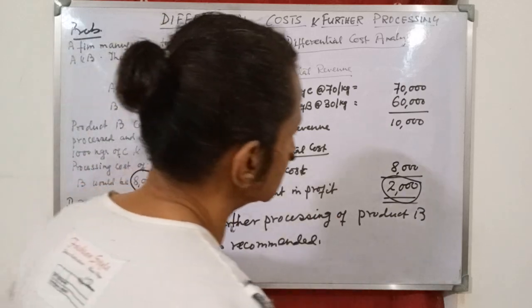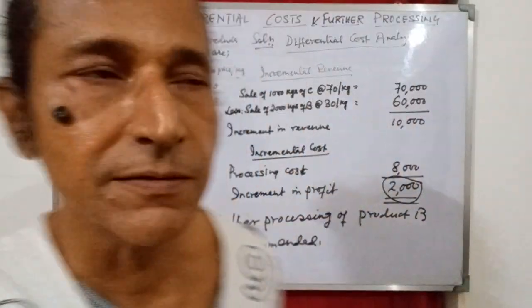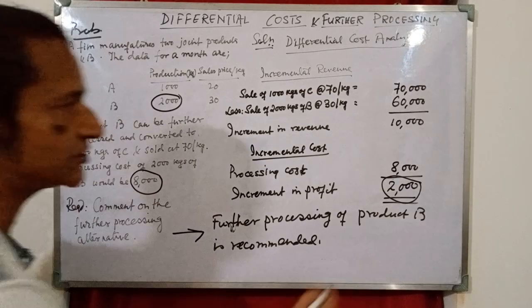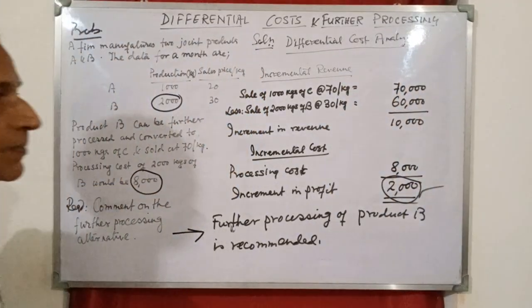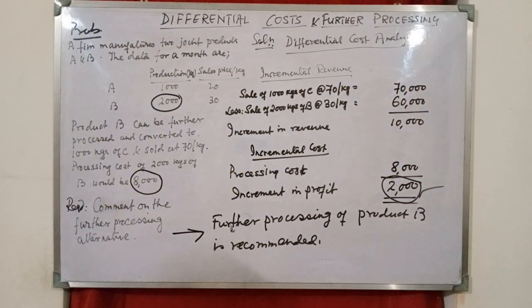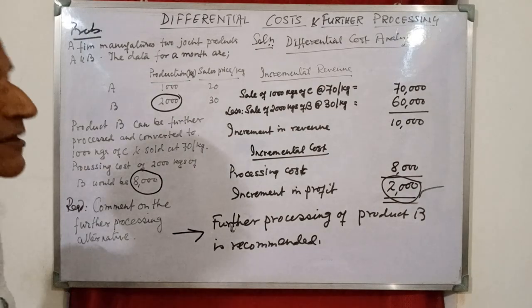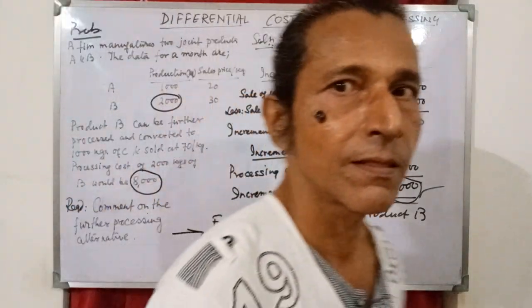Why? Because that is increasing the firm's total profit by how much? By 2000. So this is all about differential costs in the context of further processing of a product.